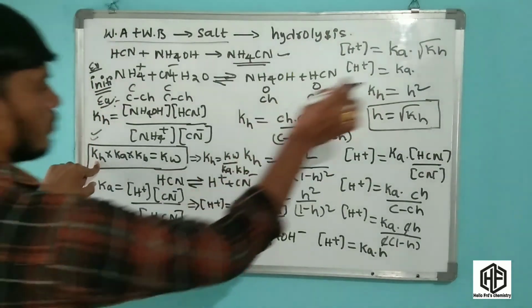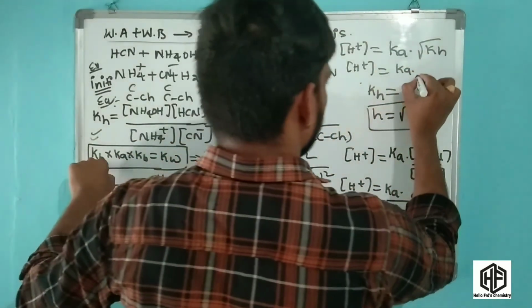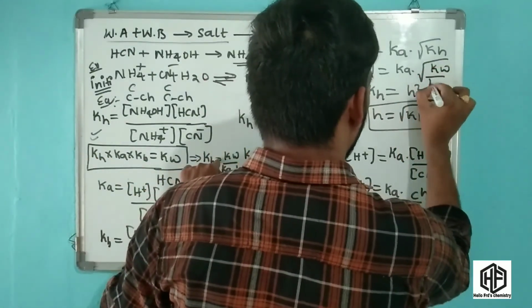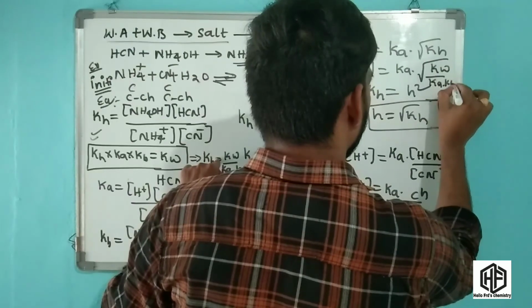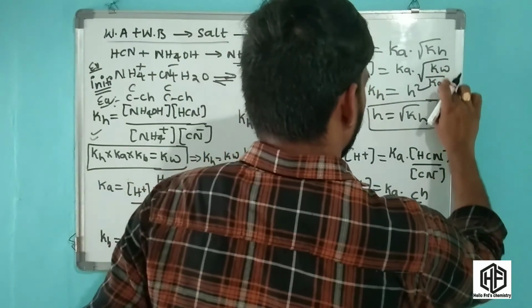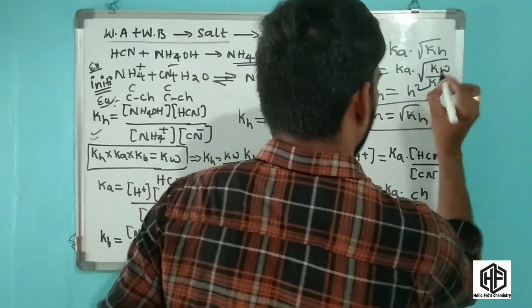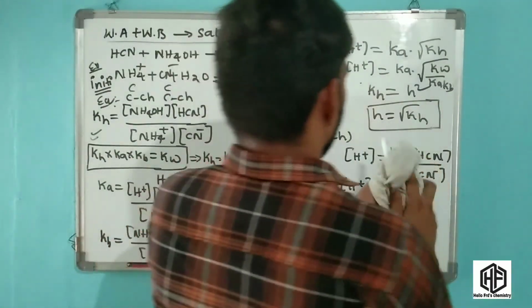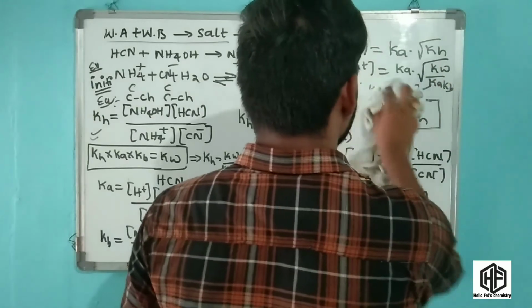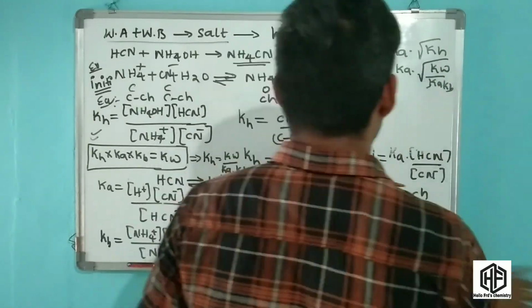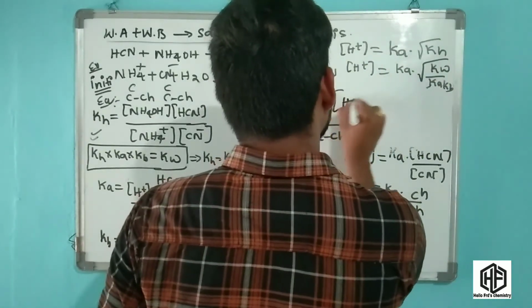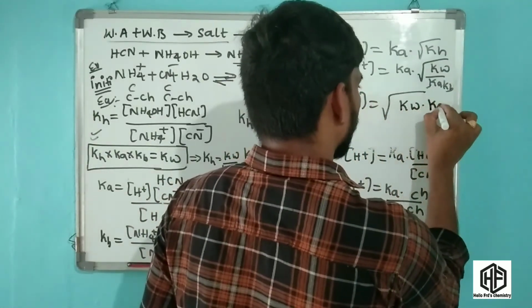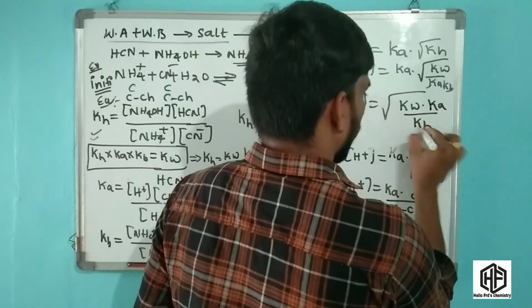This value is substituted in the Kh value. Kw by Ka into Kb is present in there. Finally, H plus is equal to root over Kw into Ka by Kb.